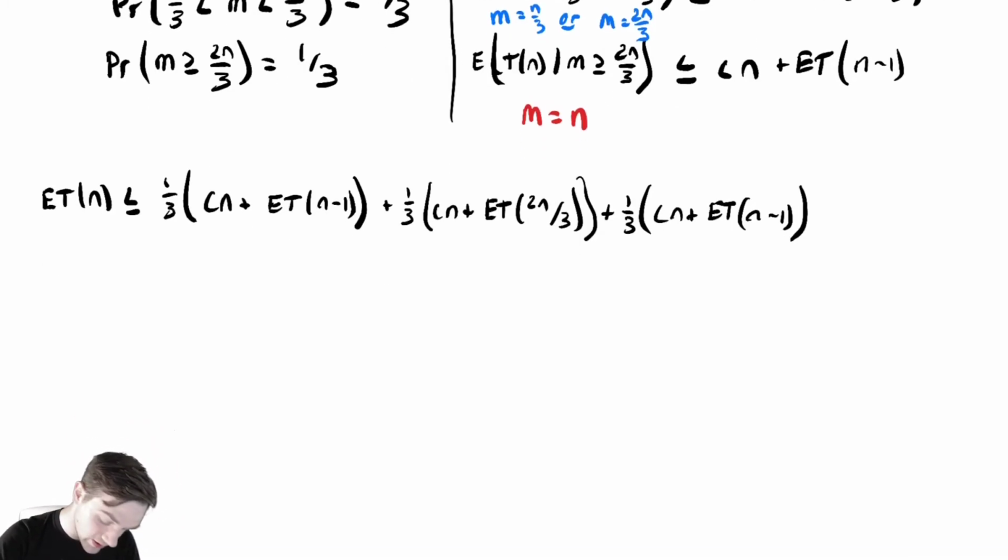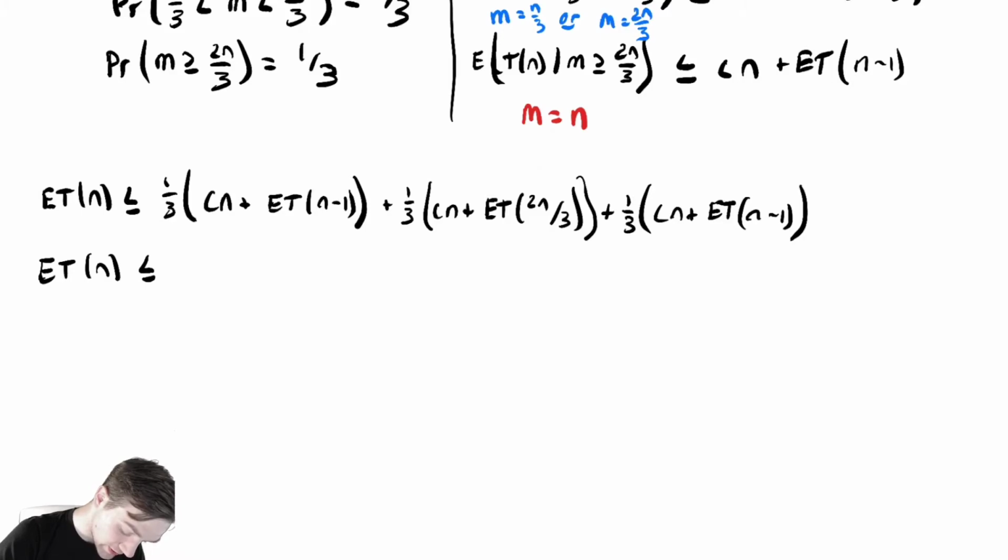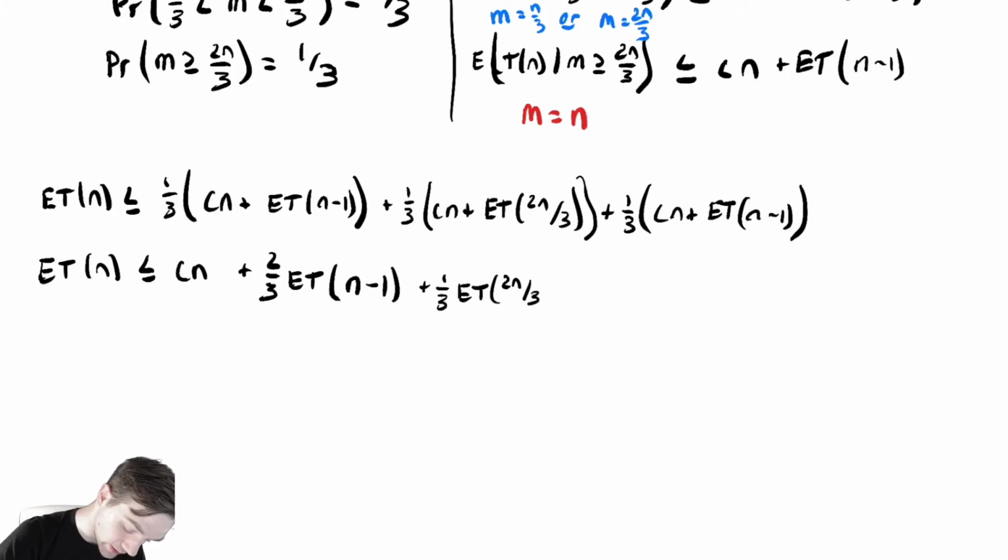Let's group everything together. We have Et of n is less than or equal to Cn, because we have a third Cn and a third Cn and a third Cn. We have two copies of a third Et of n minus 1, so that's 2/3 Et of n minus 1 plus 1/3 Et of 2n over 3.